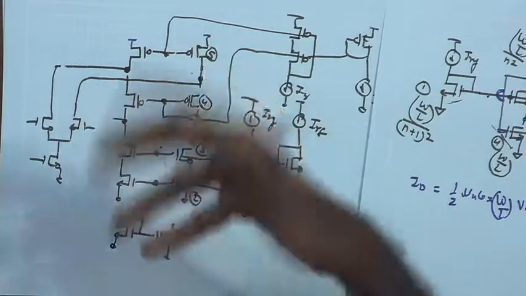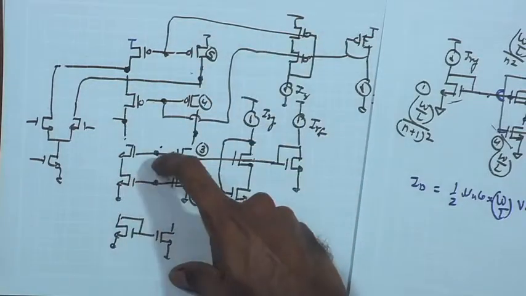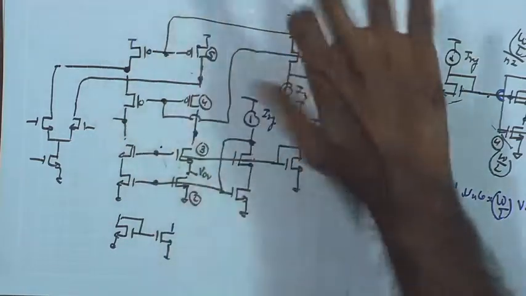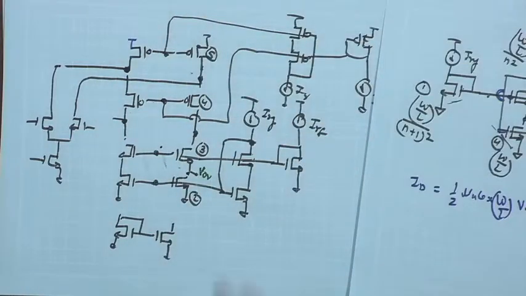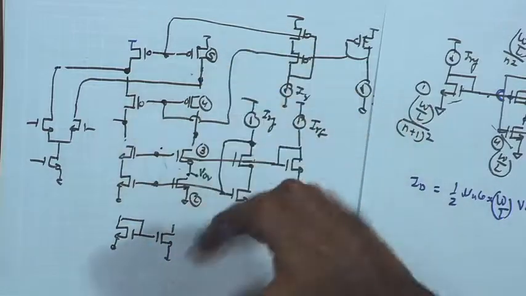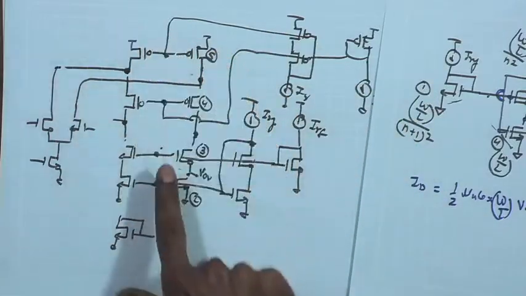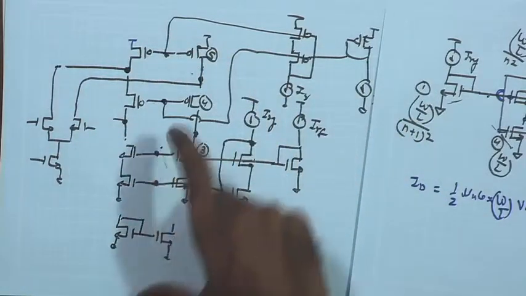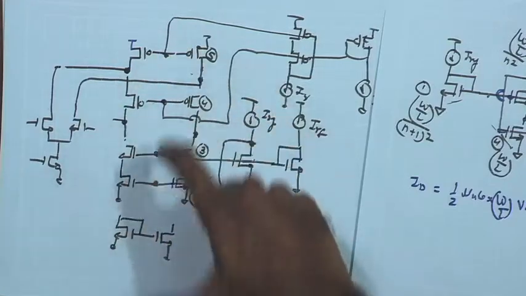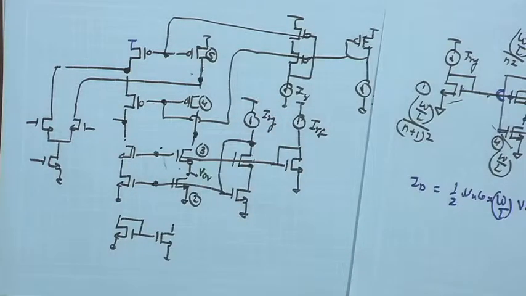I can apply common mode feedback in other ways also. I can also control these two by common mode feedback and control these two through a current mirror biasing that I did here. So, I can do either way. I can control both these using common mode feedback, or both these using common mode feedback, or one of these using common mode feedback. All those possibilities are there, but at least one point I have to leave for common mode feedback if I am using a fully differential scheme.